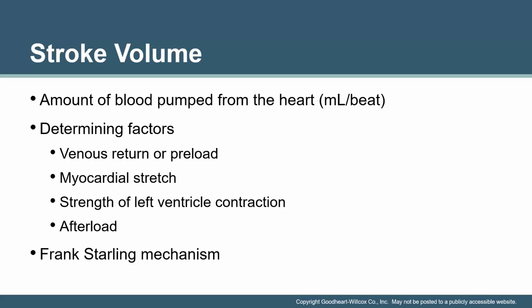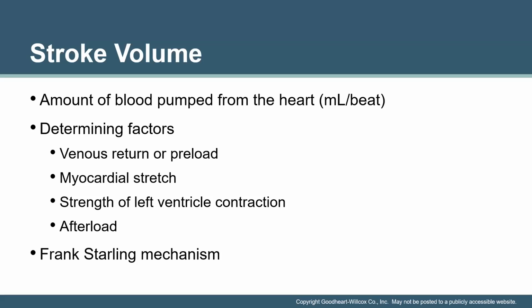As the amount of blood that returns to the heart increases, the amount of blood in the left ventricle before it contracts, or preload, increases as well. A large preload will increase the stroke volume. When more blood returns to the left ventricle, the myocardial muscle fibers are stretched more. The increased myocardial stretch will also increase stroke volume.